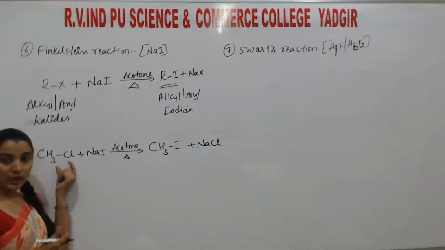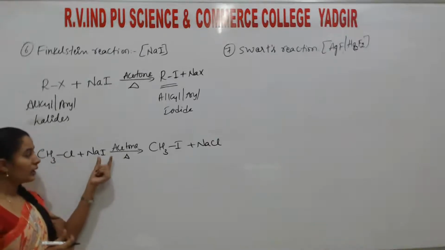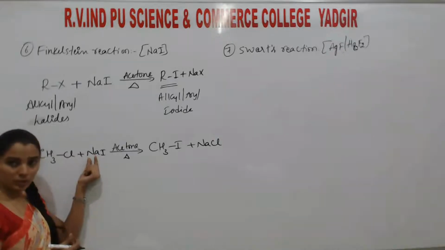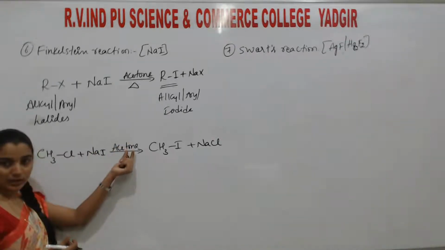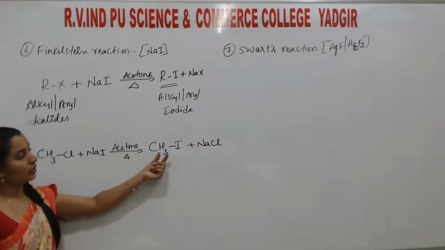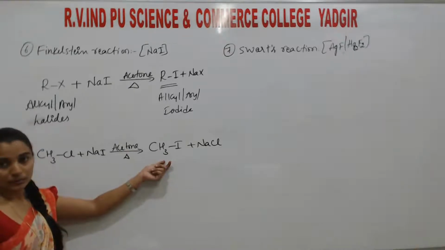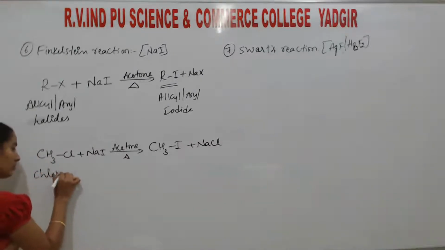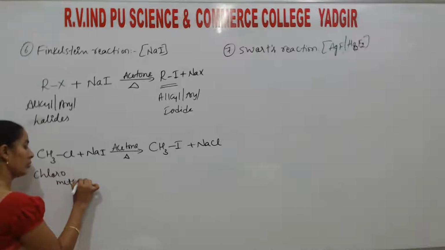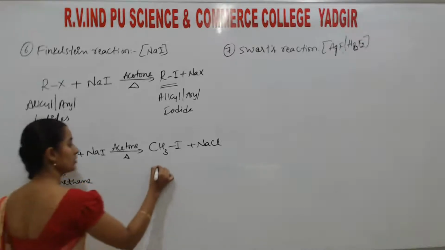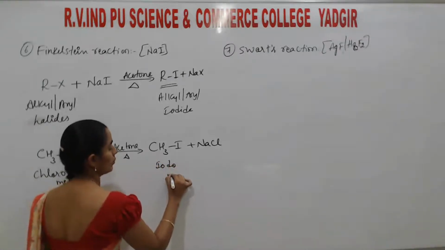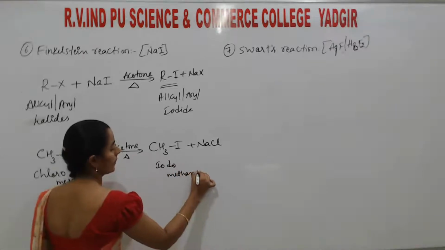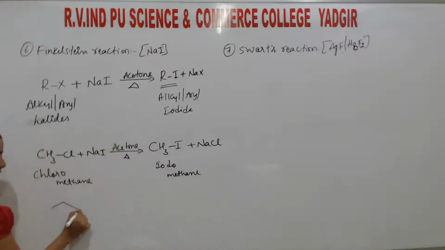So how can you say the explanation here? Methyl chloride or chloromethane heated with sodium iodide in presence of acetone, then iodomethane is going to form. So this is chloromethane, this is iodomethane. You may take a benzene ring instead of that.